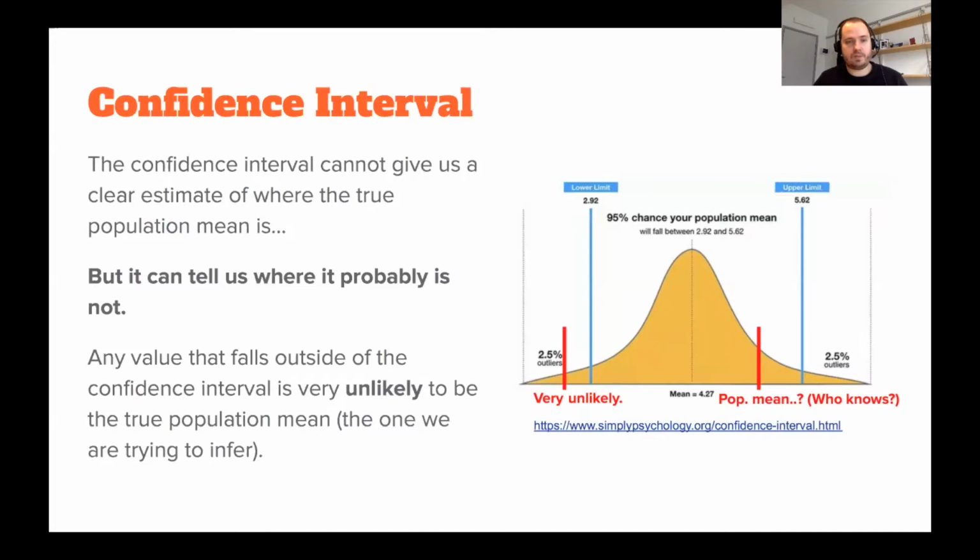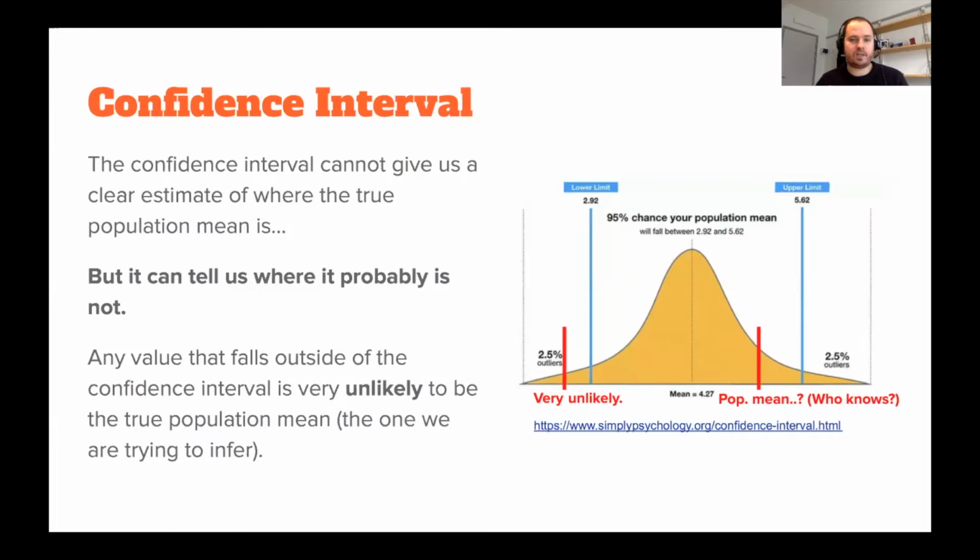similarities between them. But the number one thing that's important to know about the confidence interval, that we're going to try to compensate for in hypothesis testing, is that the confidence interval does not give us a clear estimate of where the true population mean is, right?